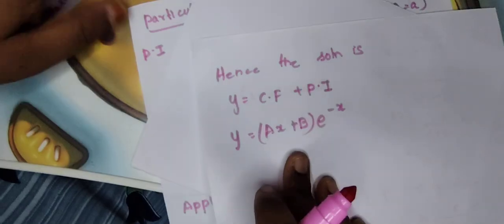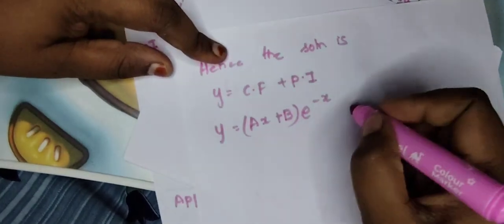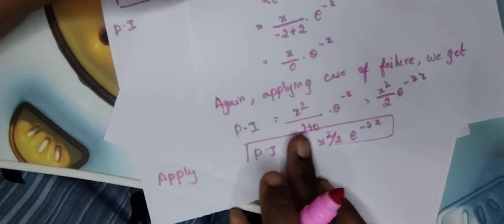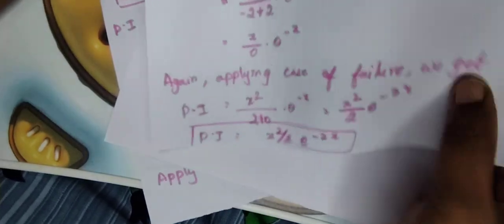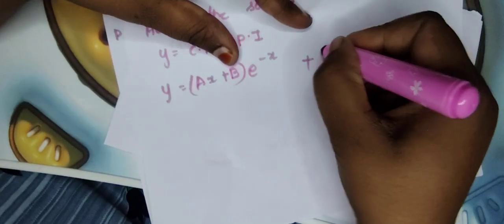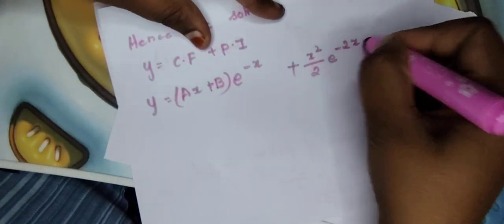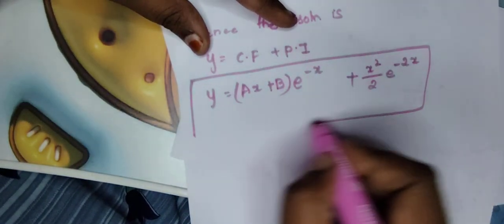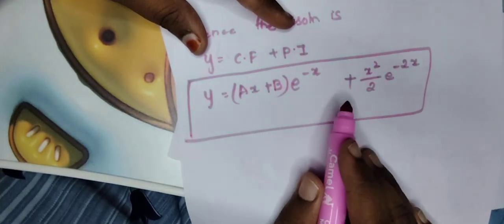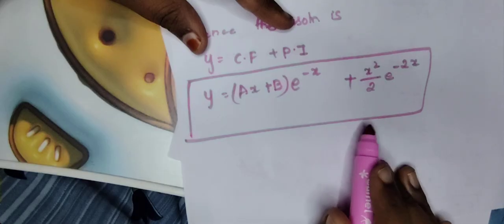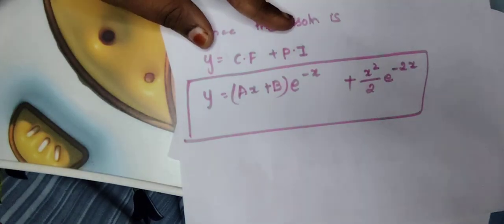Plus the particular integral value which just now I obtained, x squared by 2 e power minus x. So this is my final answer. So the solution is y equal to ax plus b into e power minus x plus x squared by 2 into e power minus x. Thank you.